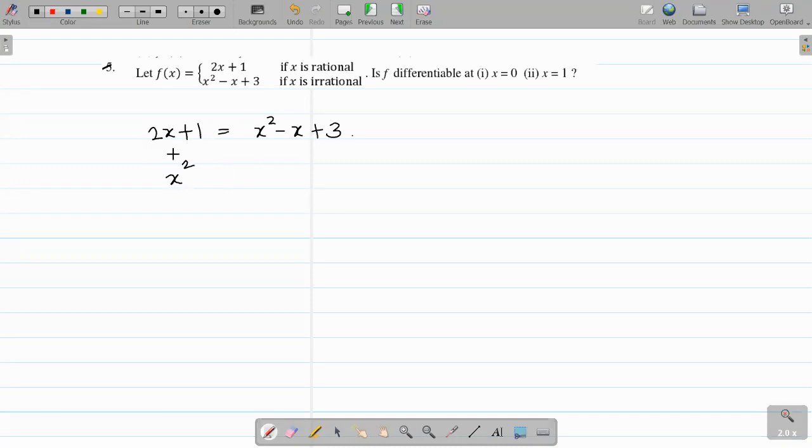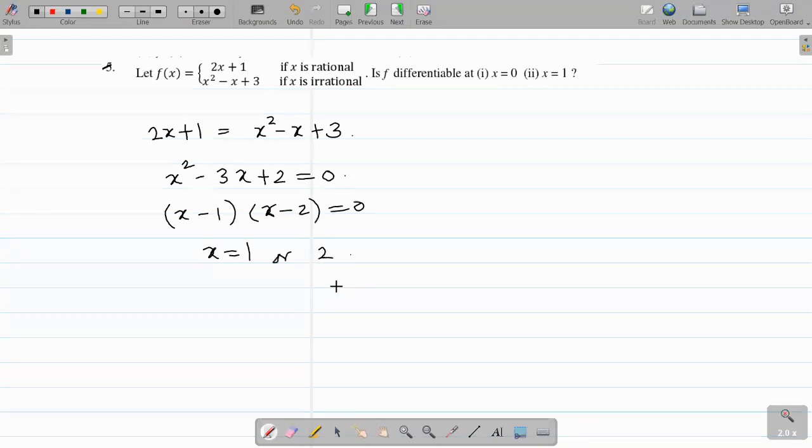This is equivalent to minus 3x plus 2, x minus 1 minus 2. Right? So x is 1. So at these points only, the function will be differentiable.